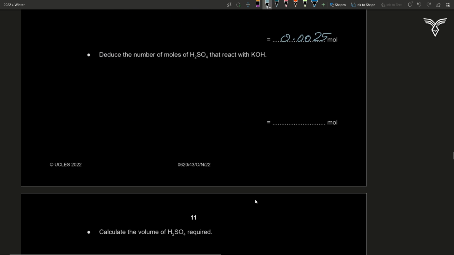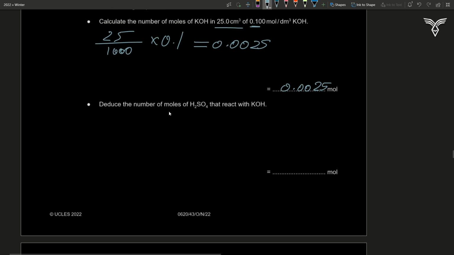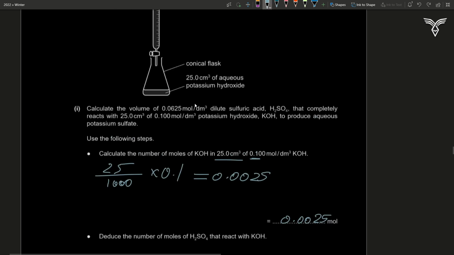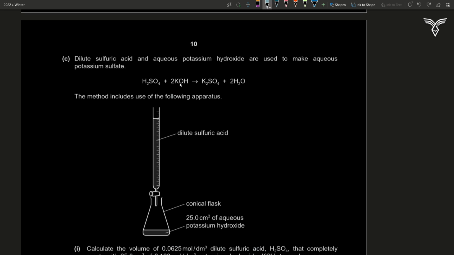ماشي. Deduce the number of moles of H2SO4 that react with KOH. طيب ايه numbers of moles of H2SO4؟ نرجع للstoichiometric equation. احنا معانا المولز of this.